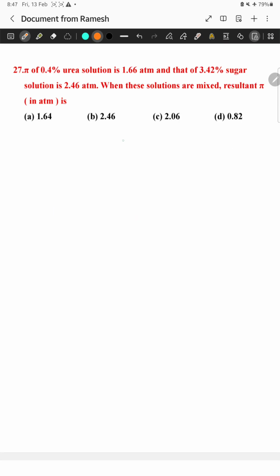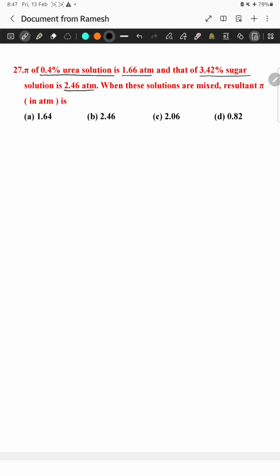Okay students, coming to question number 27. So in this question, they are mixing two solutions, 0.4% urea solution, and it has osmotic pressure 1.66 atm. Another one is 3.42% sugar solution whose osmotic pressure is 2.46 atm.